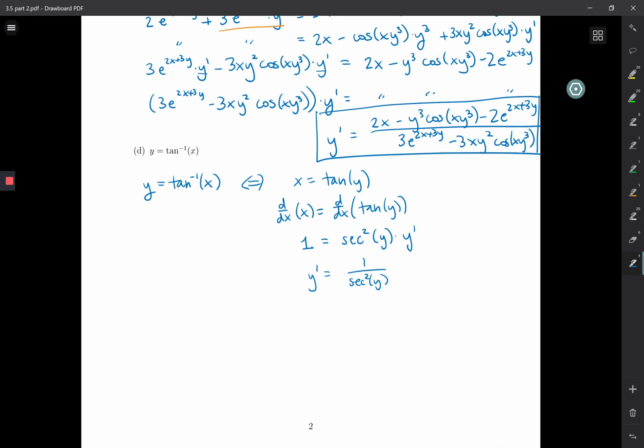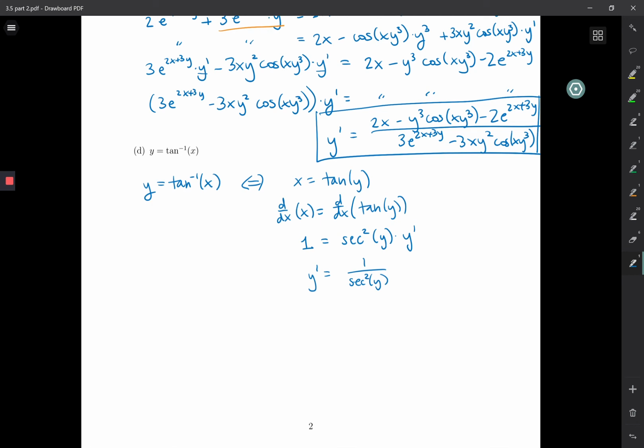Remember that we like to have the answer in terms of x because we know that this is a function of x. So again, we can use our trig identities to get this in a form where it will be some function of x. We don't have to worry about the domain in this case, luckily.